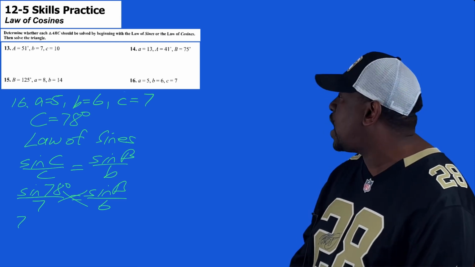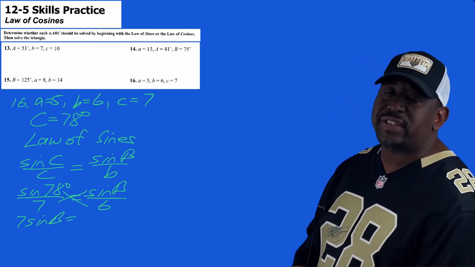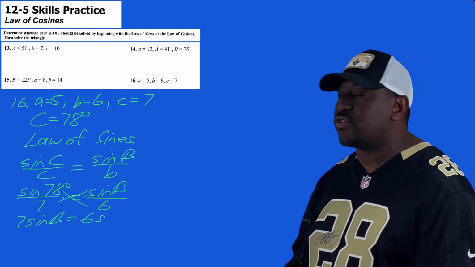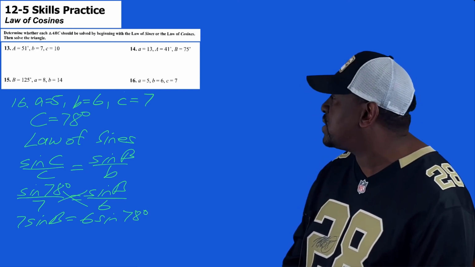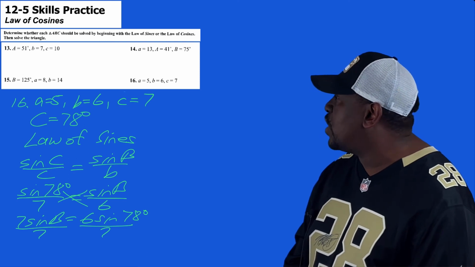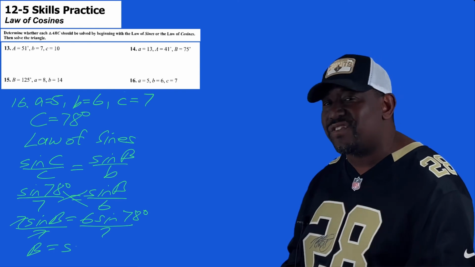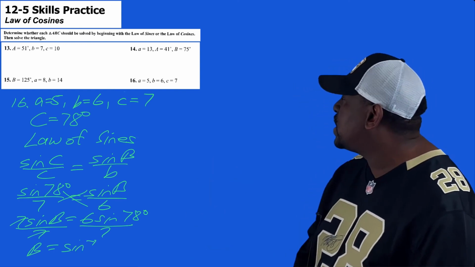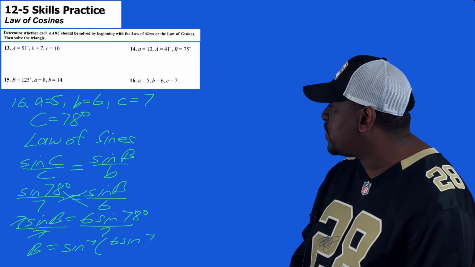We cross multiply. We get 7 times sine of B is equal to 6 times sine of 78 degrees. We're going to divide both sides by 7 to get sine B by itself. And once we do that, we know the angle B is equal to the inverse sine of that quantity, which is 6 times sine of 78 degrees over 7.